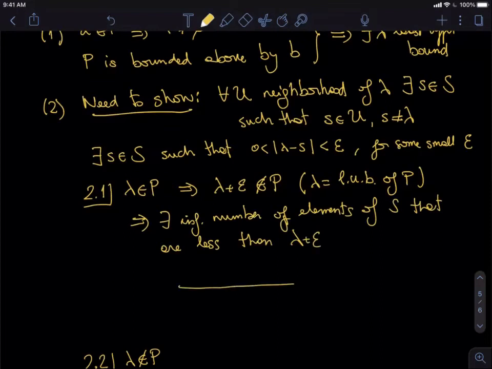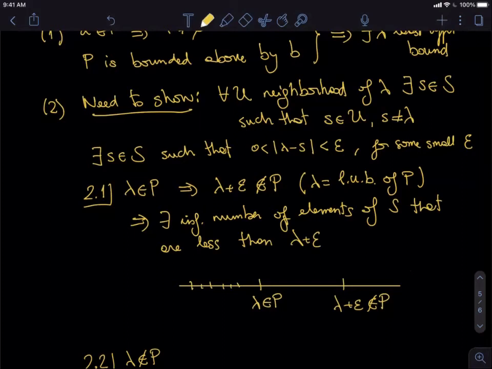Okay, so how does this look? So we have here our lambda, which is in P, and our lambda plus epsilon, which is not in P. Being in P means that there are just a finite number of elements in S that are smaller than lambda.